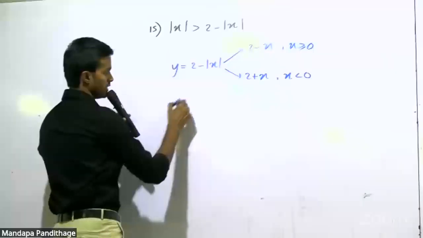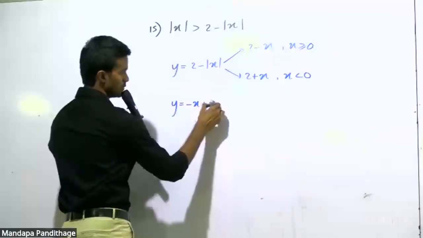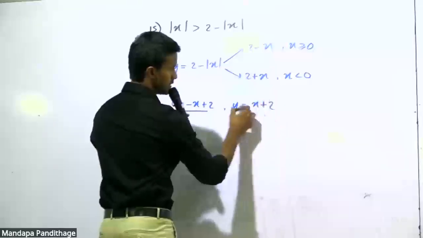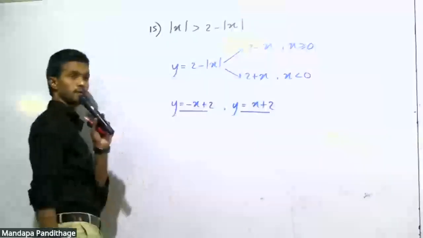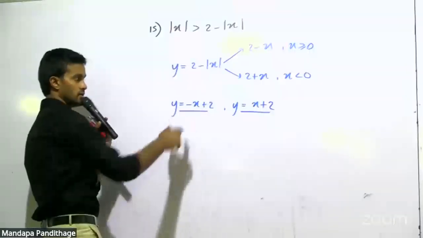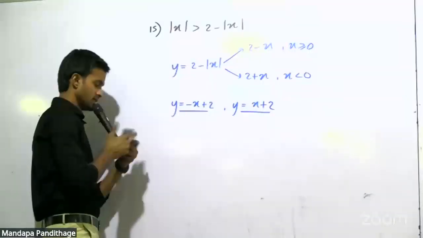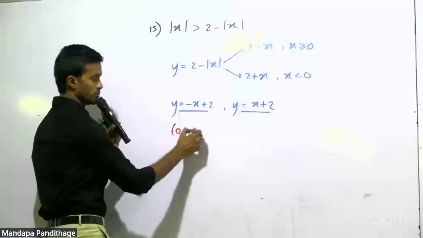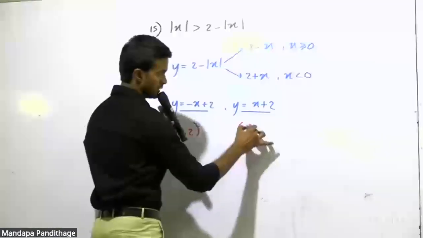So you have to draw y equals minus x plus 2 and y equals x plus 2. But I know that the inequality is changing, the direction changes. So here when you put the turning point x equals 0, you get 2, and even here you get 2.